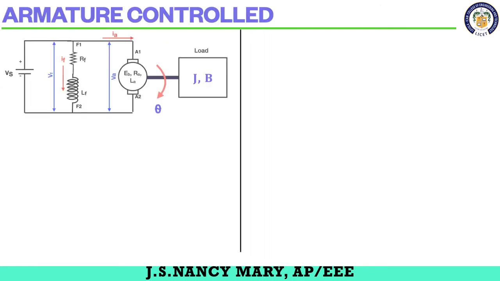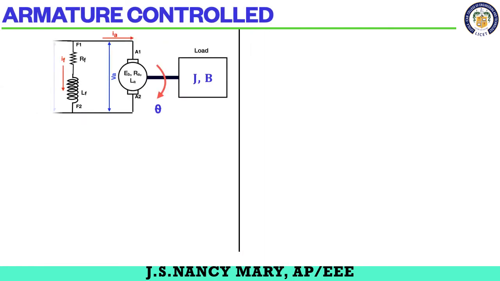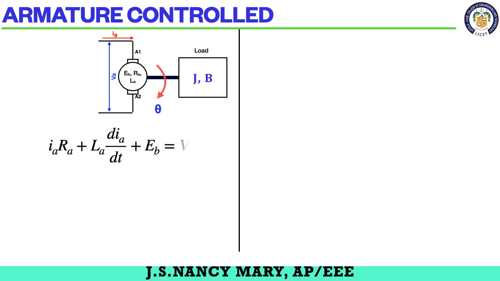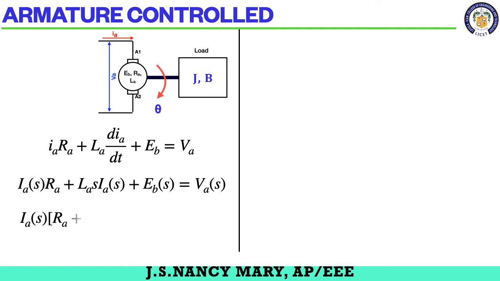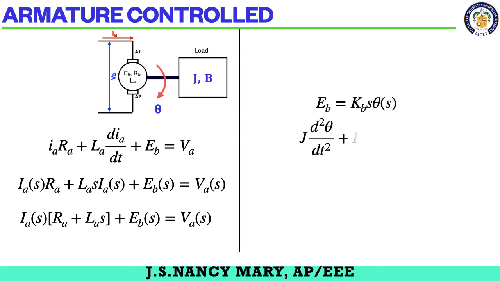Now let us see the armature control first. I'm going to have only the armature. Applying KVL, I can write Va equal to Ra into Ia plus La into dIa by dt plus Eb. Take the Laplace transformation: Va of s equals Ra plus Las into Ia of s plus Eb of s. Now you know very well Eb equals Kb into s into theta of s.